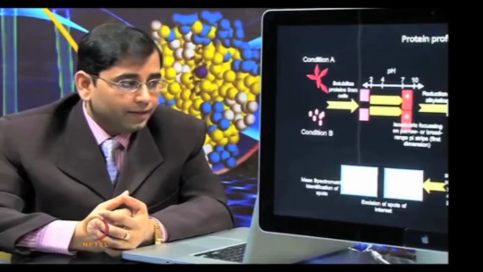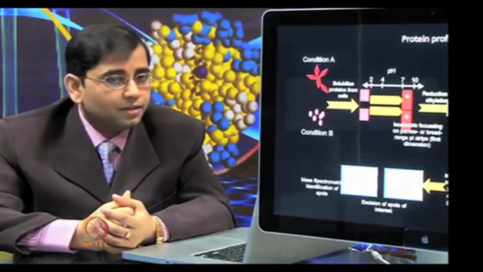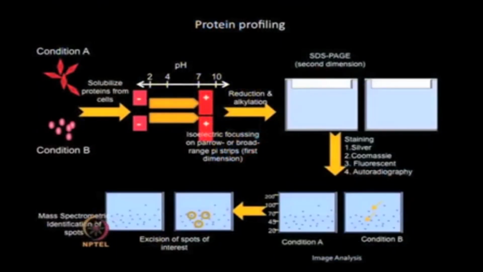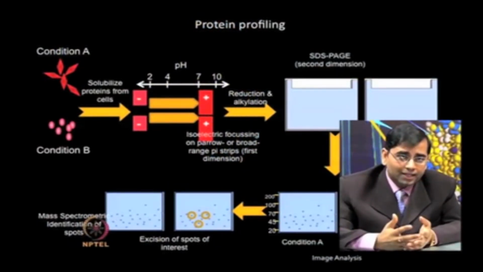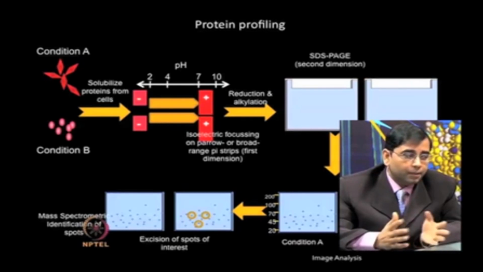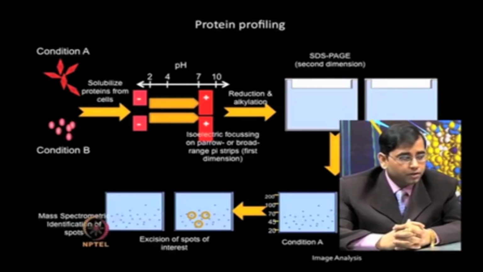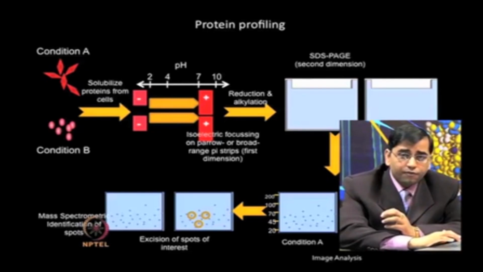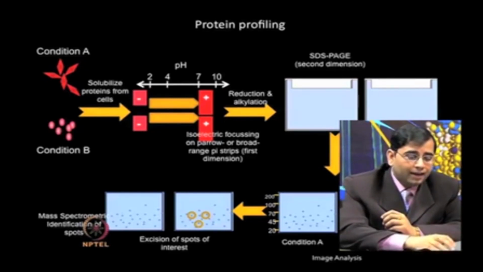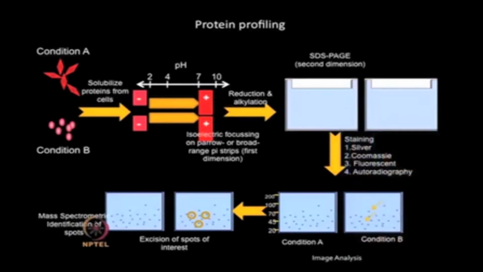So, for protein profiling, if you want to compare your different sample types from condition A to condition B, you need to solubilize the proteins from the cells and separate all the proteins by applying the pH gradient which is shown here in the first dimension. After that, you need to reduce and alkylate your samples and then separate them by SDS-PAGE based on molecular weight in the second dimension.